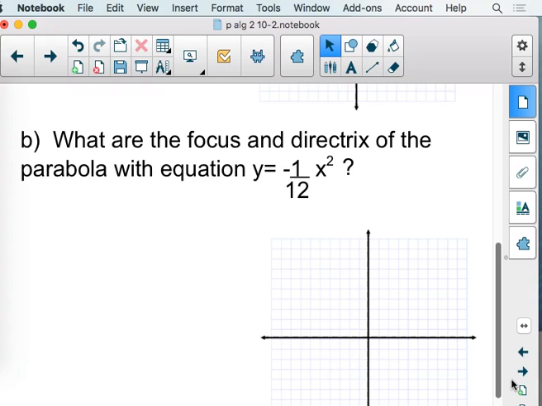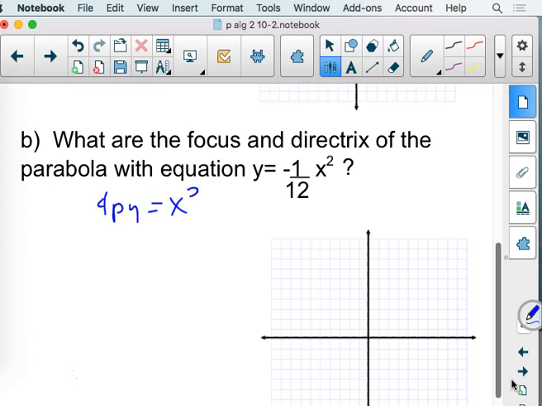So this one says, what are the focus and directrix of the parabola with the equation y equals -1/12 x squared? And I noticed with the other one, it was x squared equals something, and this one's not x squared. So I want that nice little 4py equals x squared look. That means I have to figure out how to get that -1/12 over the other side.